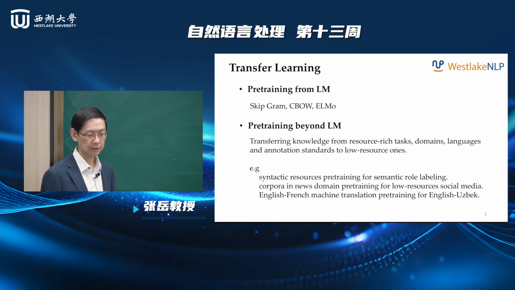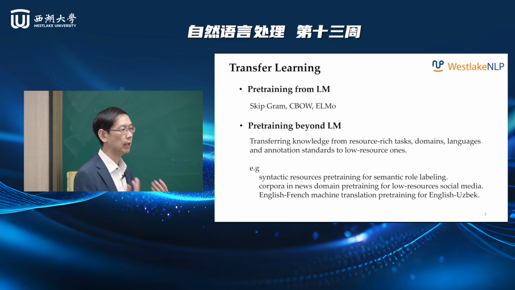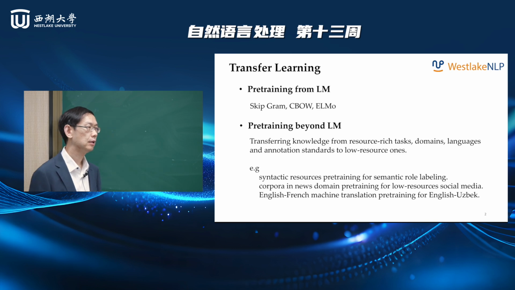Let's have some comments and discussion on transfer learning. We didn't do anything special on the neural parameters. We just pre-trained, and then when we have a new task, we take the input, feed that to the neural network, and we can improve our output.